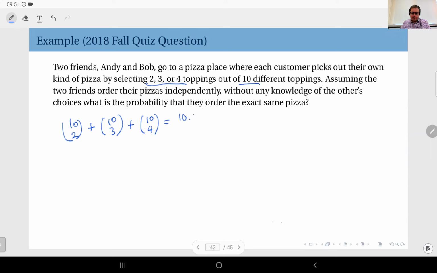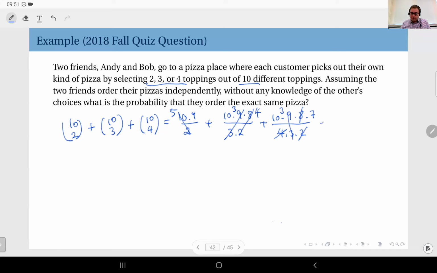That would be 10 times 9 divided by 2, plus 10 times 9 times 8 divided by 3 times 2, plus 10 times 9 times 8 times 7 divided by 4, 3, 2. Now this cancels with this and gives me 5. This gives me 3. This gives me 4. And 4 and 2 together cancel the 8, and 9 with 3 reduces to 3.